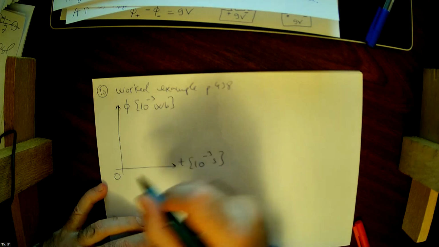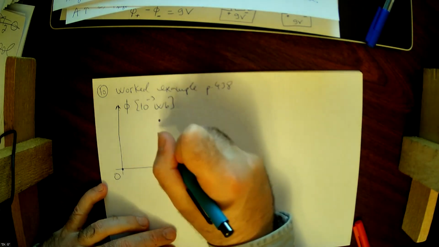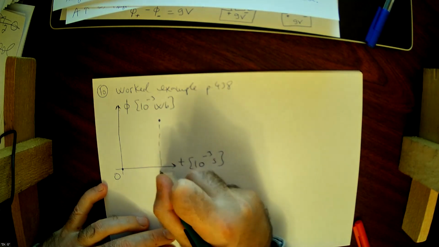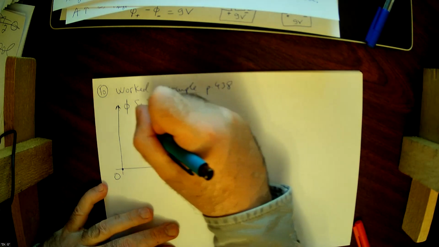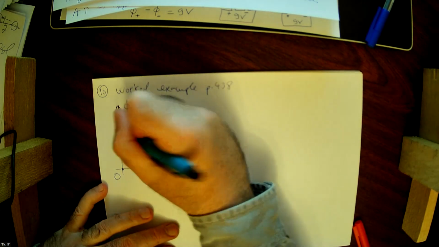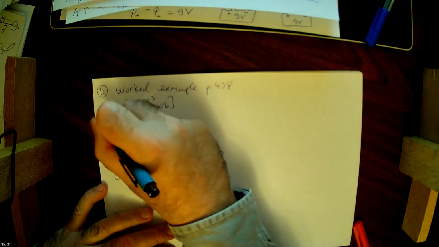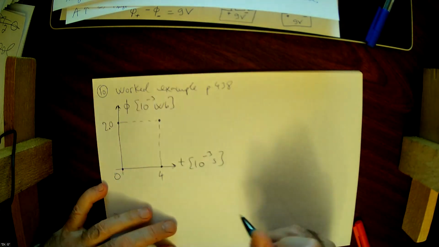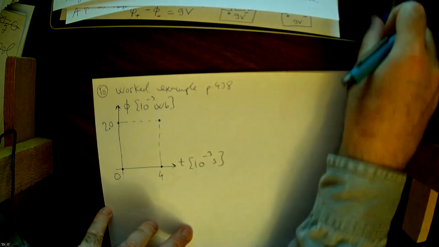And I have a straight line that goes from 0, 0 all the way to the time here is 4 milliseconds. The magnetic flux here is 2.0 milliWebers.